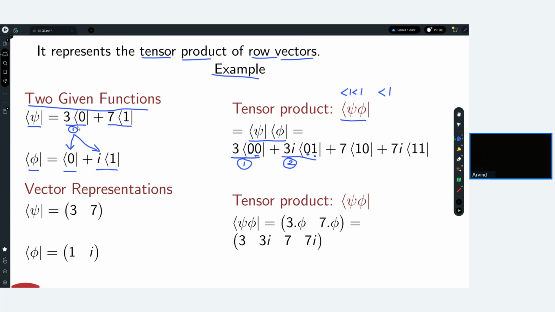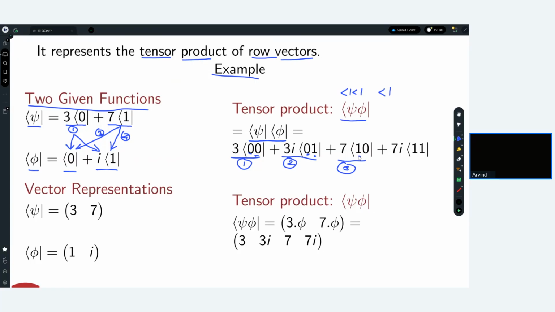Now we have multiplied the first term with all terms from the second function. Now we will continue multiplying the second term from the first function with all elements from the second function. So this will become the third term, and this will become the fourth term. In the third term, we are multiplying 7 bra 1 from the first function with bra 0 from the second function.